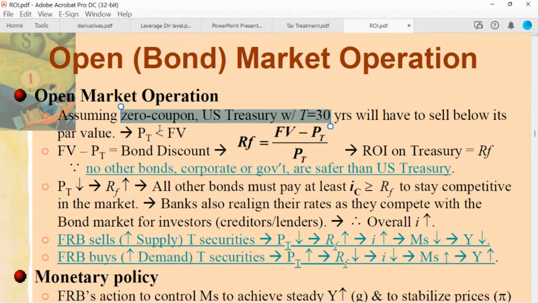I told you in the last class that a typical example, actually, 30-year zero coupon U.S. Treasury bonds are generally sold in any retail banks, any commercial banks, and they generally go by the name U.S. Savings Bond.